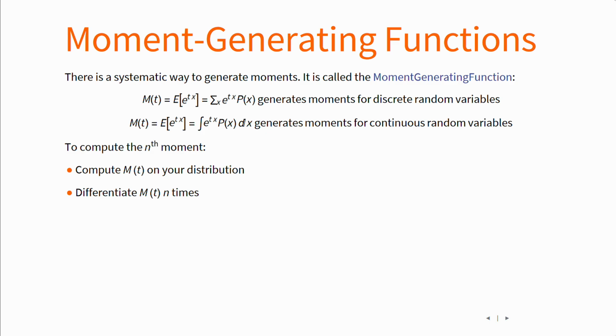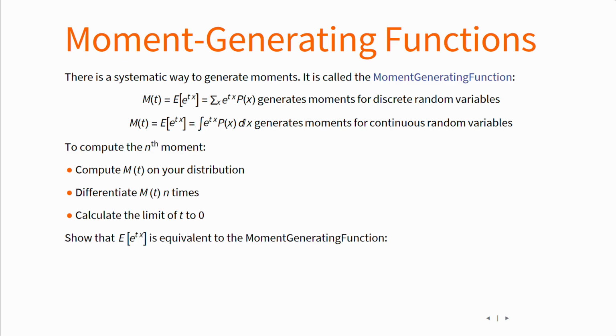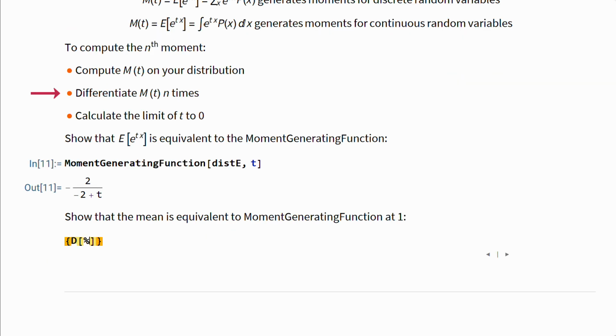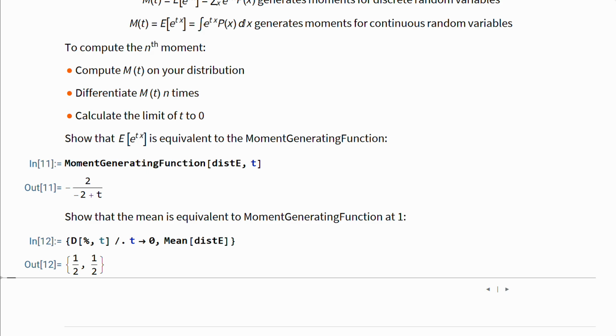Well, just differentiate the generating function n times, then find the limit as t goes to 0. For example, let's say you have your moment-generating function. Then you can generate the first moment by deriving once, then taking the limit at 0. And since it's the first moment, comparing it to the mean, you get the same answer.